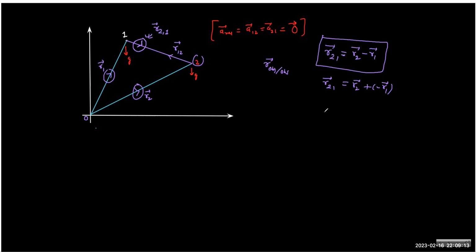If you differentiate, you know this is V21. This is dr21 by dt. And this will exactly give you what? V2 minus V1, which is nothing but again the resultant of the object and reverse of observer.